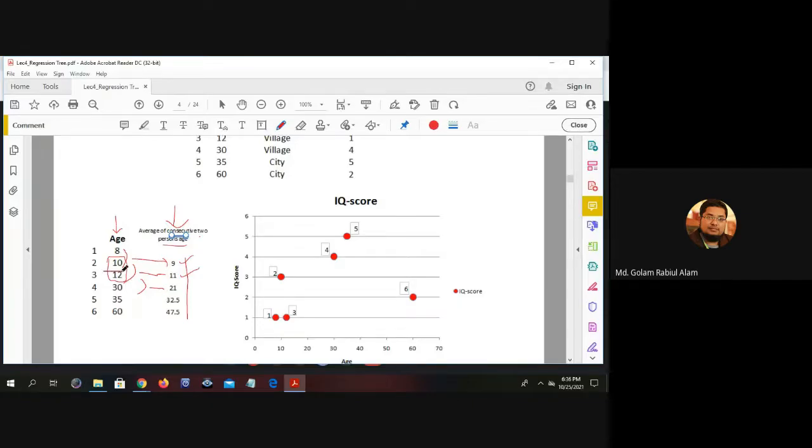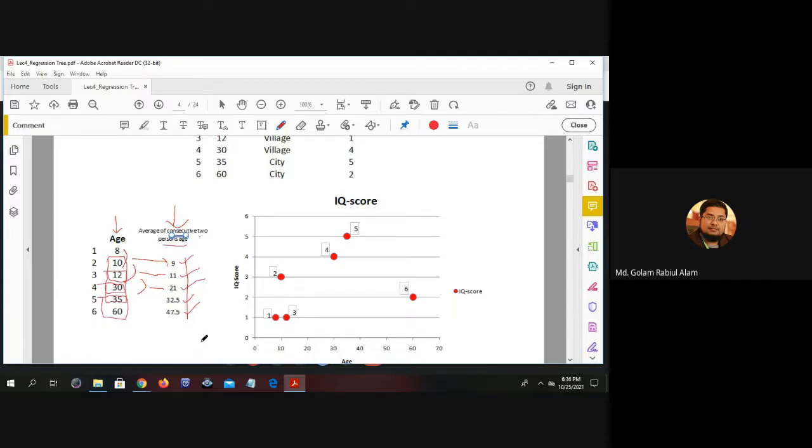And again, I have to take the average of 12 and 30. So the average of 12 and 30 will be 21. Again, I have to take 30 and 35. It will be 32.5. And 35 and 60, it will be 47.5.